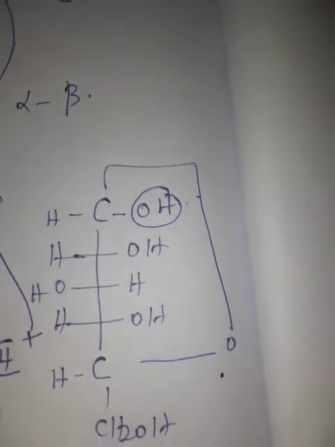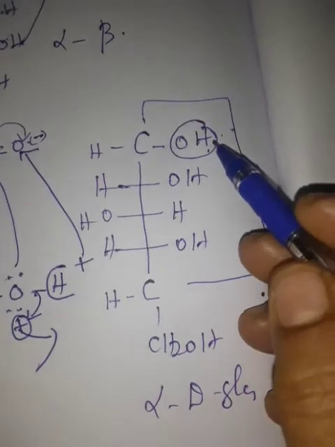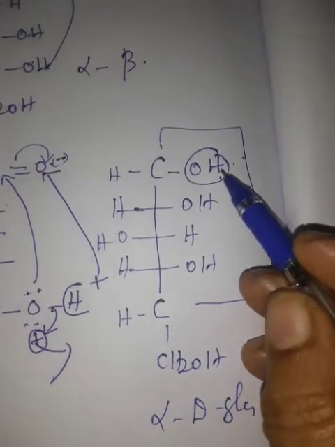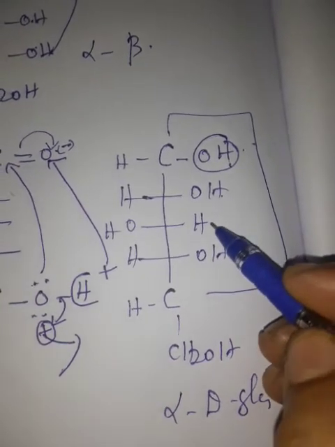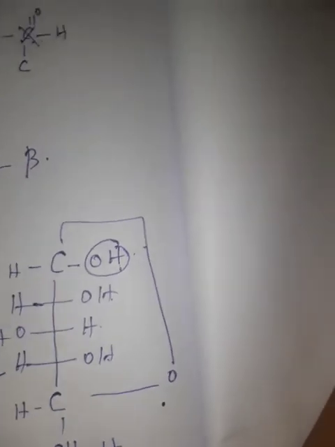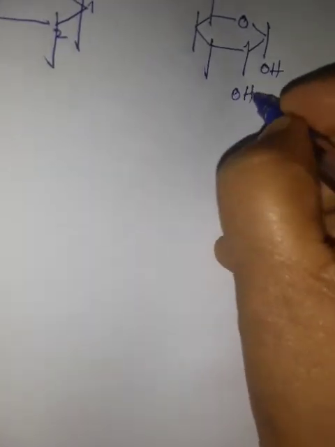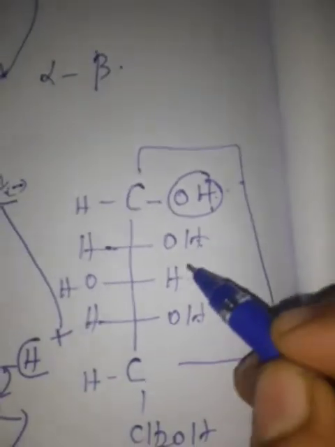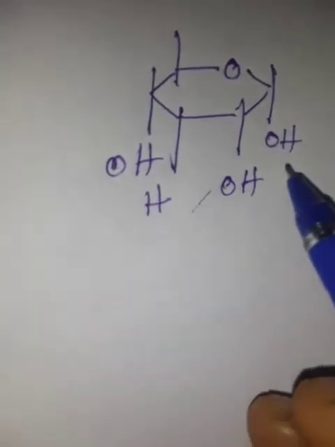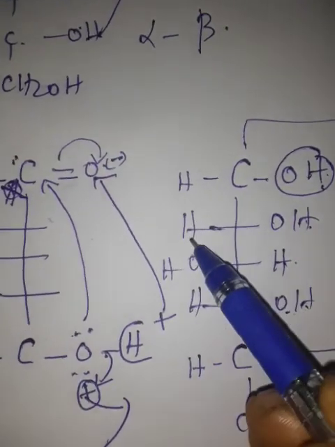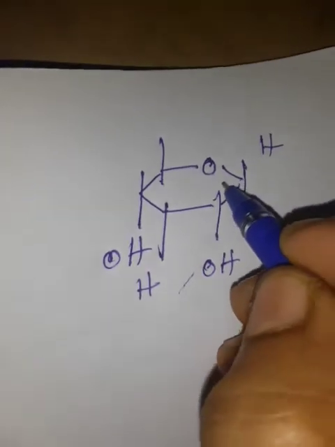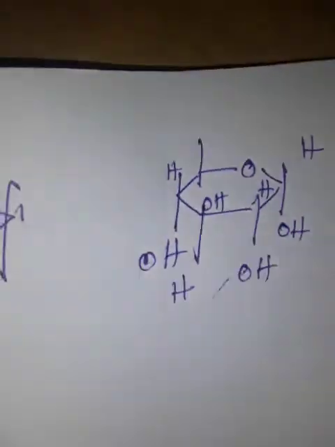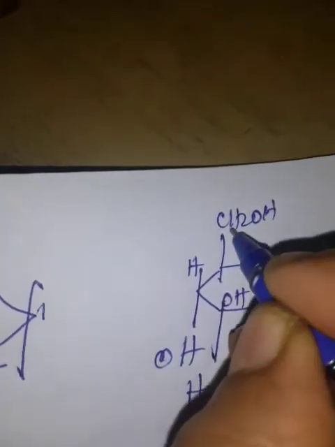So now we can write alpha D glucose. Here, whatever is kept on the right should be down, so OH, OH, H, OH go down. Then on the left side, H, H, OH, H go up. CH2OH is always on top at the sixth position.